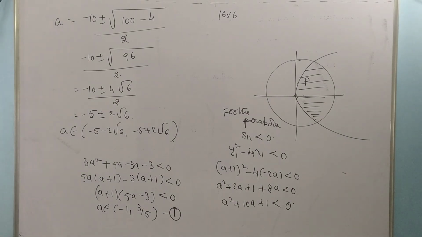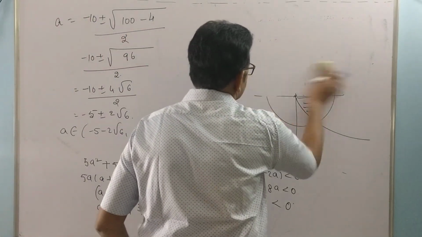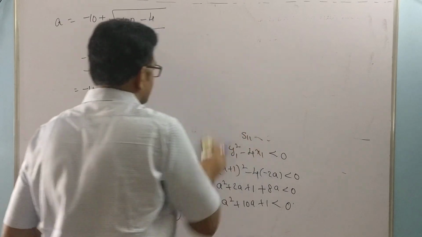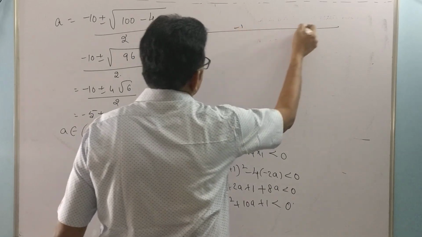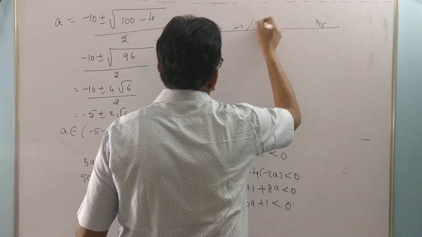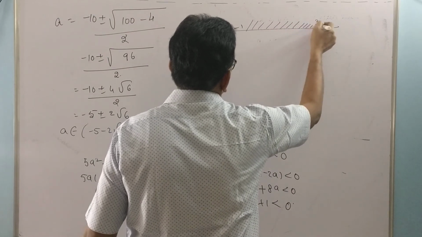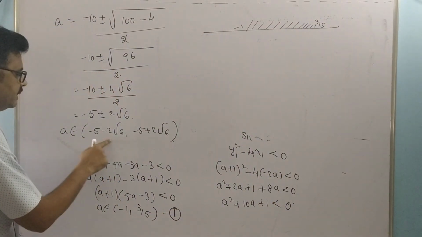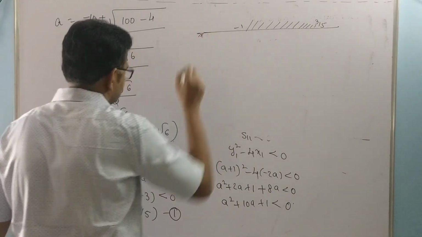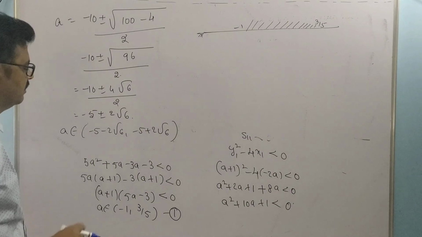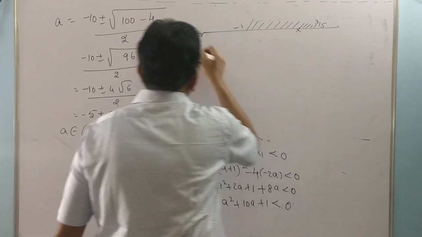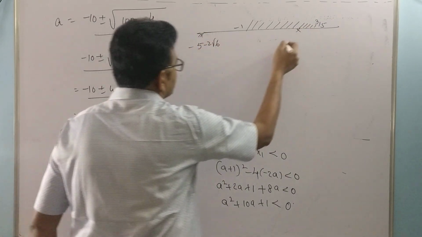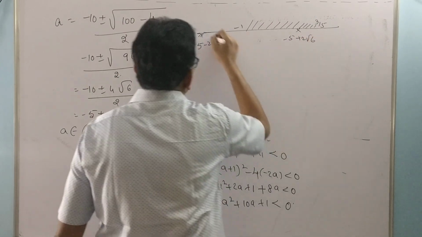Now we have to find the common part of these two. The first one is -1 to 3/5. The second one is -5 - 2√6, which lies on this side, to -5 + 2√6, which is less than 3/5.